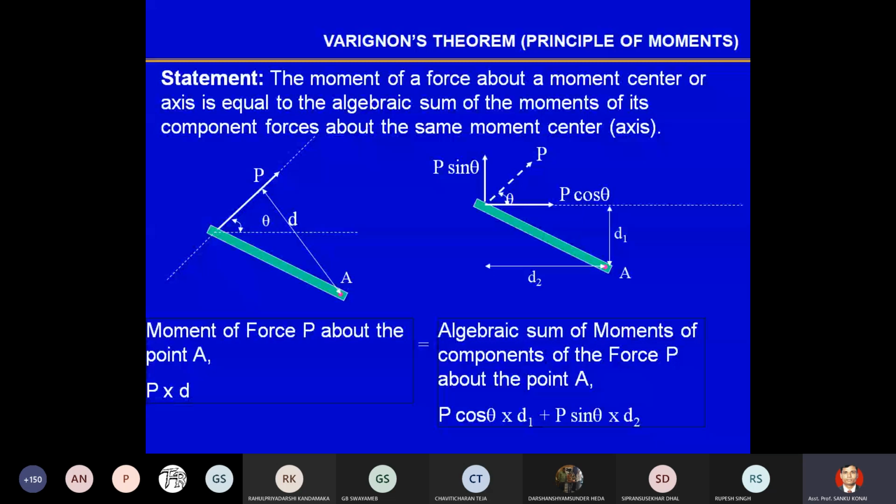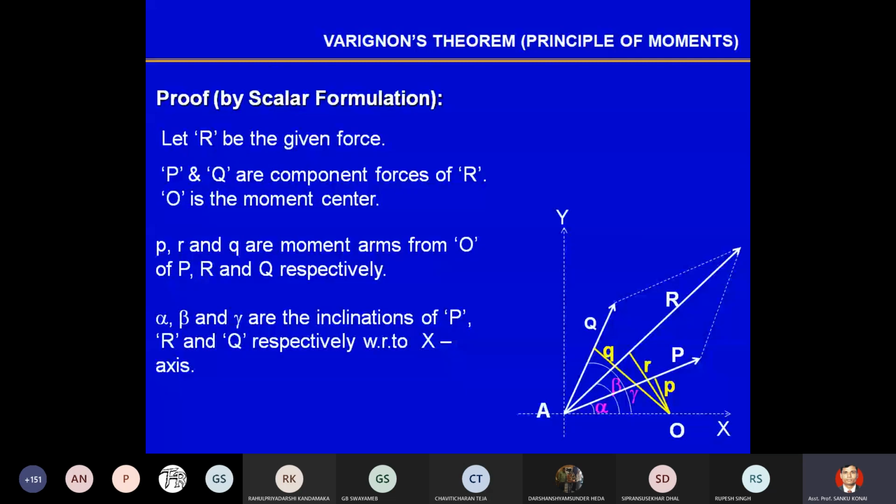Let R be the given force, and P and Q are the components of R. But this time we are not taking rectangular components, it can be any component, oblique components. To generalize, let's say this is R, and in the P and Q directions the components of R are P and Q.